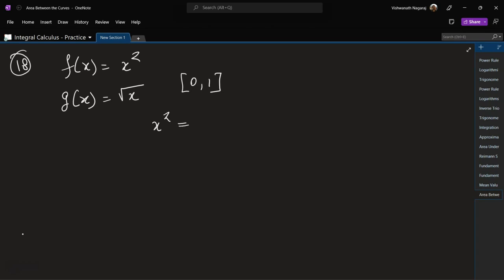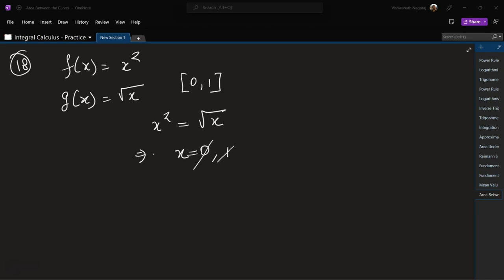So x square is equal to square root of x, which implies that x would be either 0 or 1. Okay, so 0 is on the boundary, so no need, 1 is on the boundary, so no need. So that means we don't have to bother about splitting this interval.